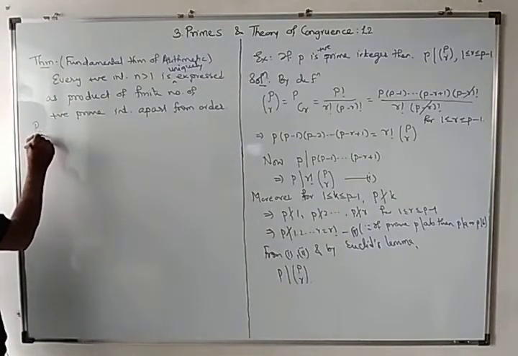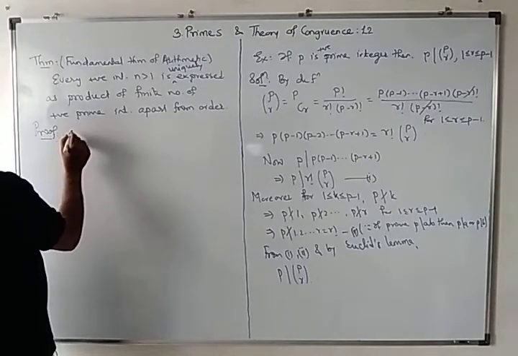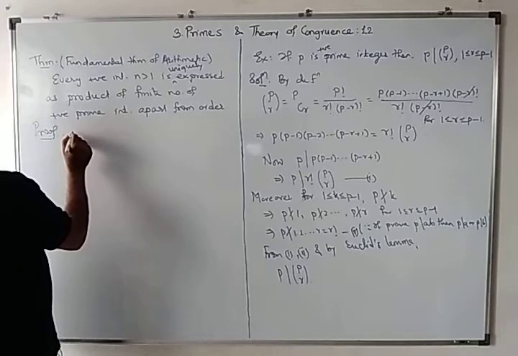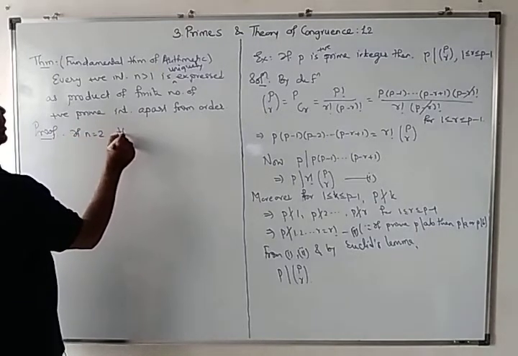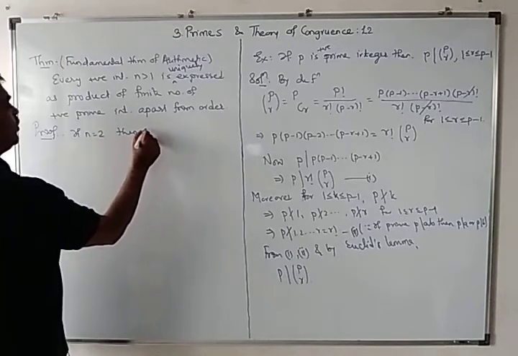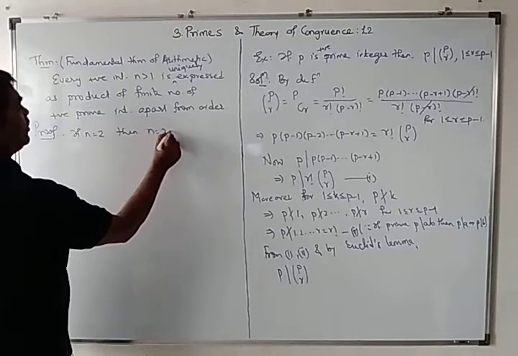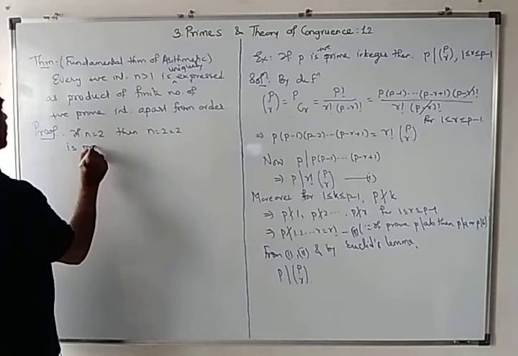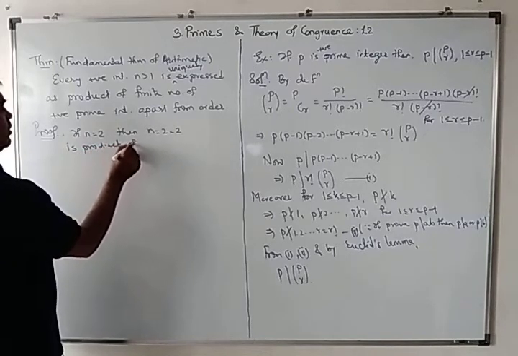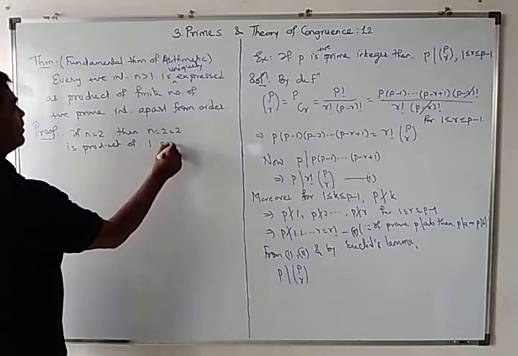So, proof. If n equals 2, then 2 is prime, so 2 is a product of one prime integer.